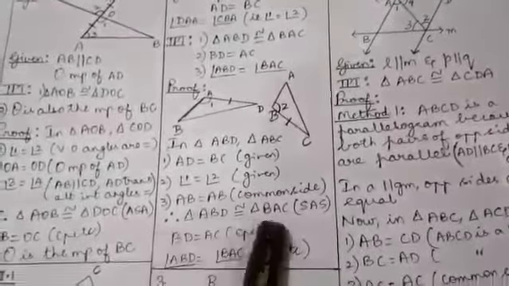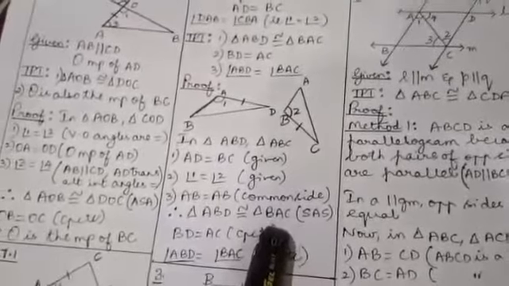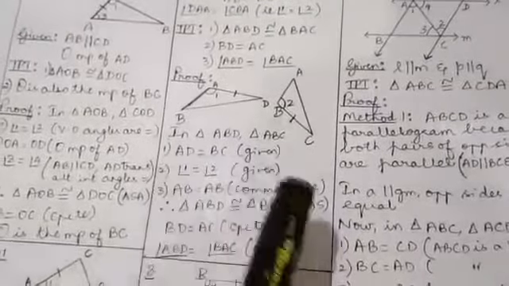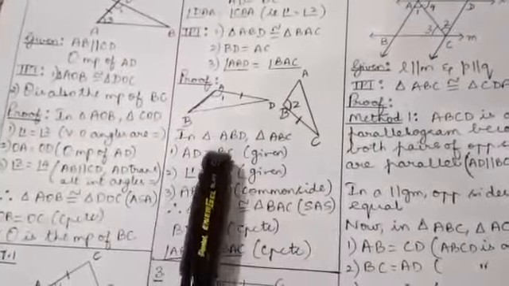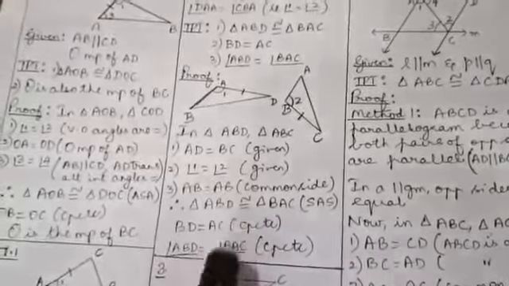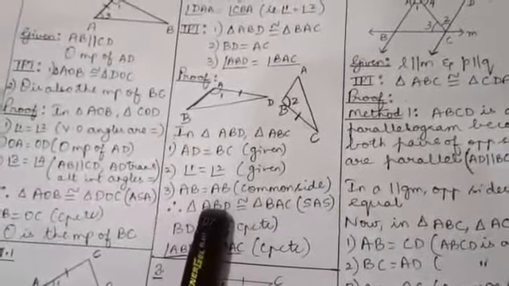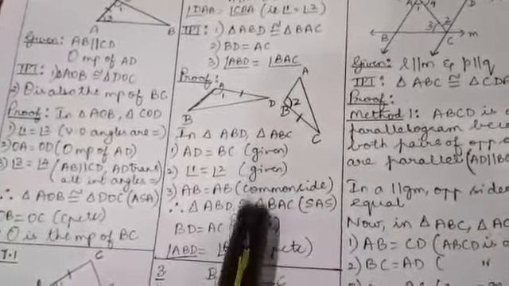Now you know how to write the names of the triangles in the correct order. So now AD can be taken as DA, correct? DA, AB. So DAB congruent to, what do we have here?